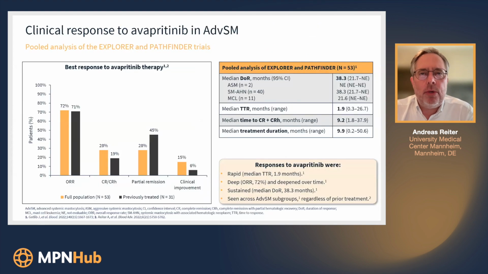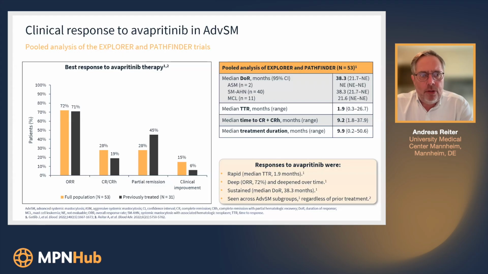So this is the clinical response to avapritinib. And as I just said, the clinical picture may frequently look like advanced CMML or even acute myeloid leukemia, with 90% mast cell infiltration. I already mentioned to you the very poor survival of these patients. And now here you can see the response rates, and this is really very impressive.